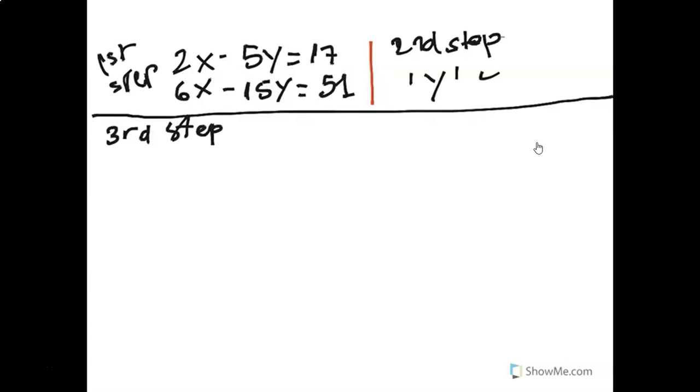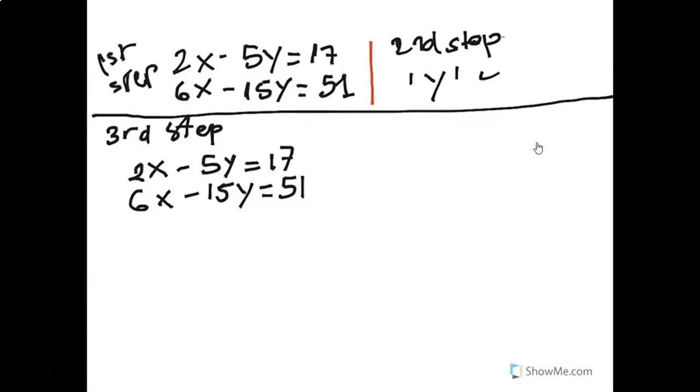The system that I have is 2x minus 5y equals 17, and 6x minus 15y equals 51.